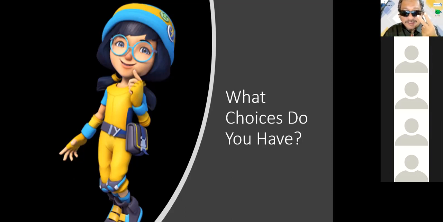Yeah, two choices. One, you can have a good relationship with them, or number two, you have a negative relationship with them. Negative relationship means you argue all the time, you fight all the time, you delay, you are annoyed, you don't do their work, you put their work to one side, you do their work later.